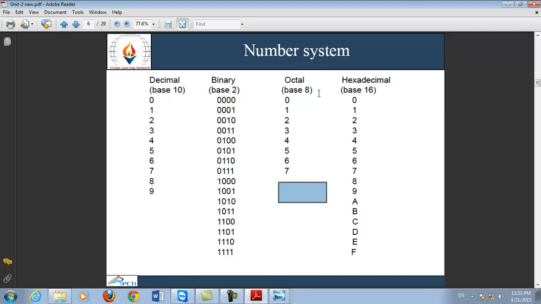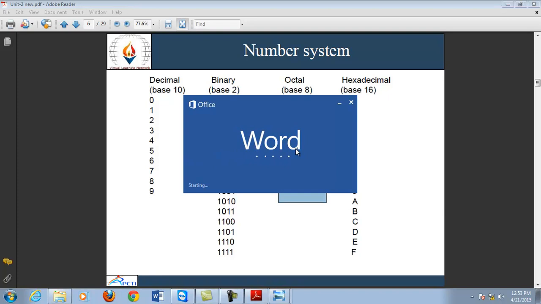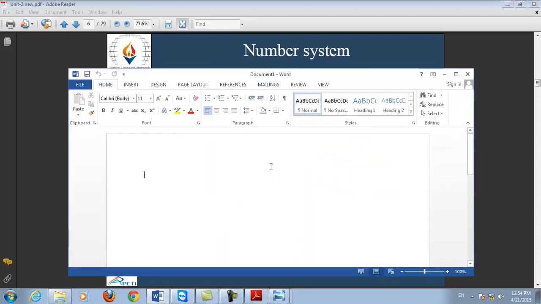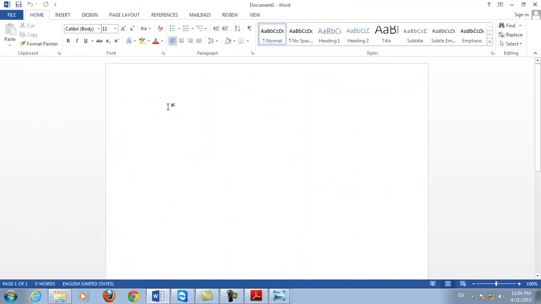For example, if you have the number 23 base 8, then to convert 23 base 8 to binary, you have to find the group of 3 digits for 2 and the group of 3 digits for 8.